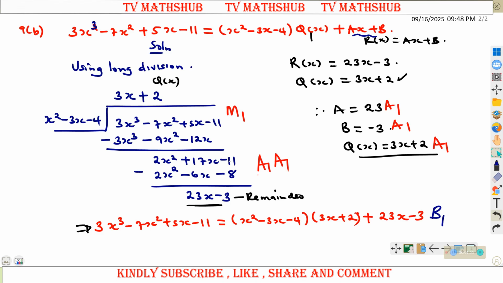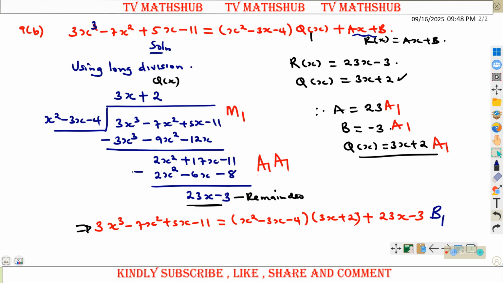Then minus this 11. Likewise, you need a number now which will give you 2x squared, and you already have x squared here. So you need a 2 to multiply by x squared to get 2x squared. So we have 2 here, and 2 times x squared gives us 2x squared. 2 times this gives us -6x. 2 times -4 gives us -8.